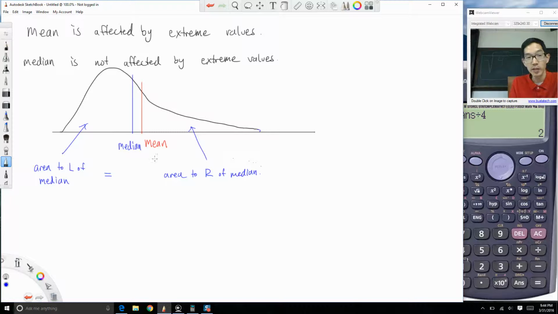On the other hand, the mean, you'd have to think of this again as the little triangle fulcrum. That is the spot where our picture is balanced. The mean is the balance point.